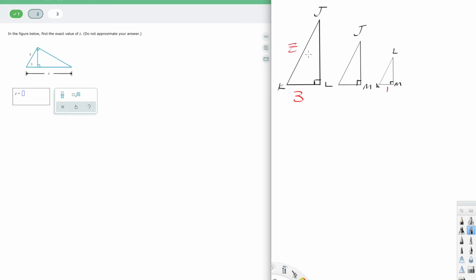So if I'm just going to focus on the large triangle and the small triangle, remember they're similar, so I can have bottom to bottom, so KL to KM, which would be 3 to 1, and that's going to equal these pieces here.